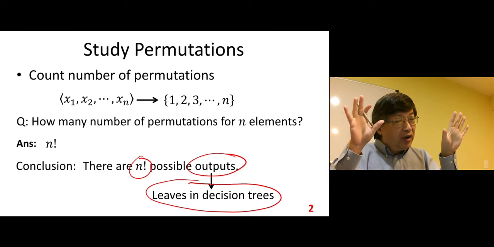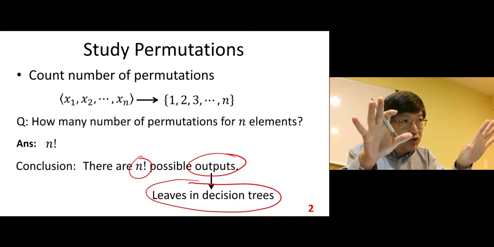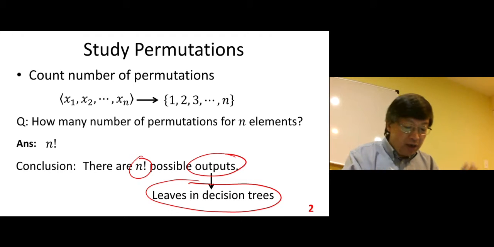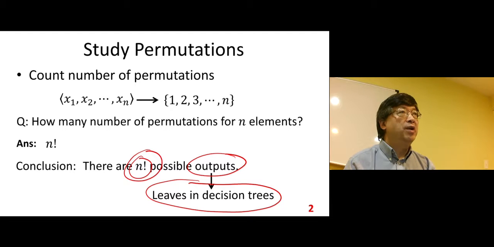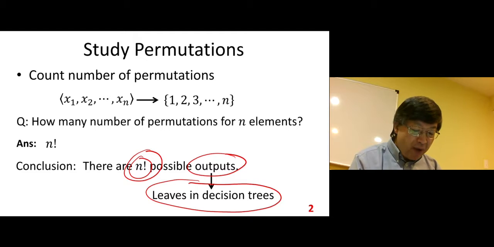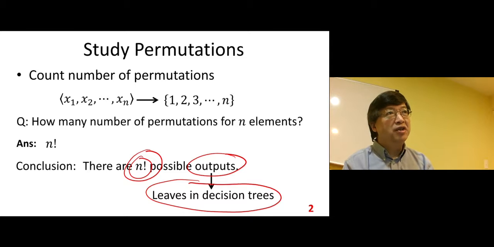So all the leaves in your decision tree should cover all these possibilities. That's why you should have at least this many leaves. That is the main conclusion we want.